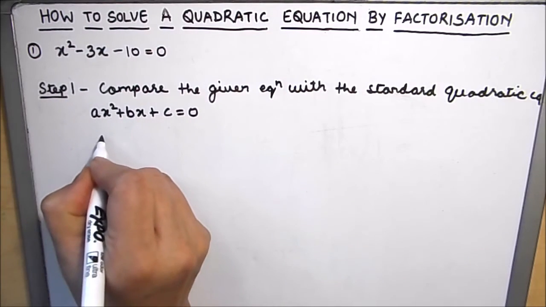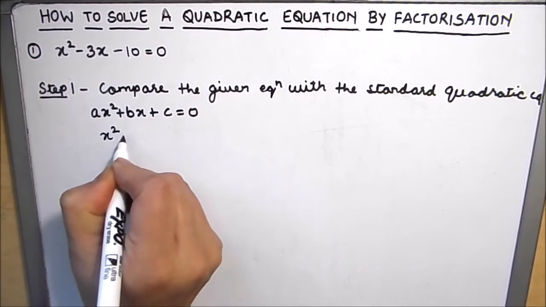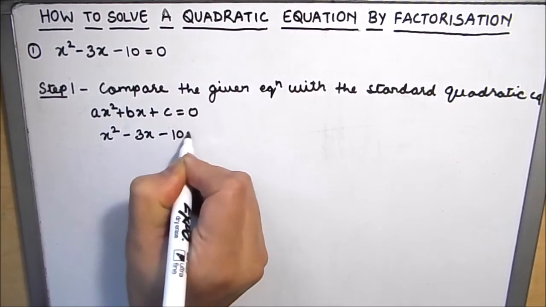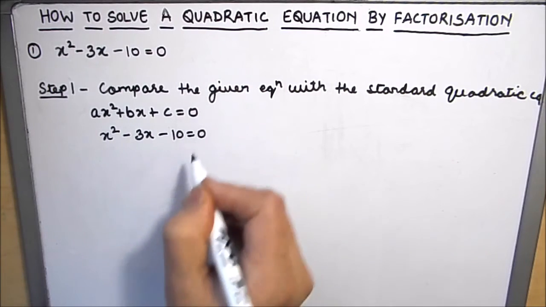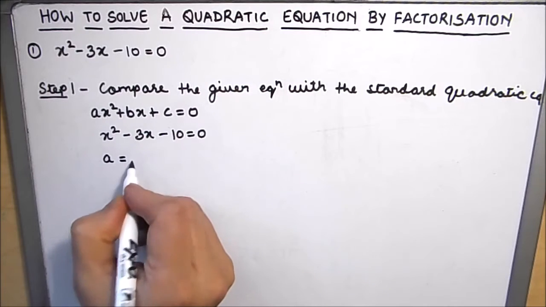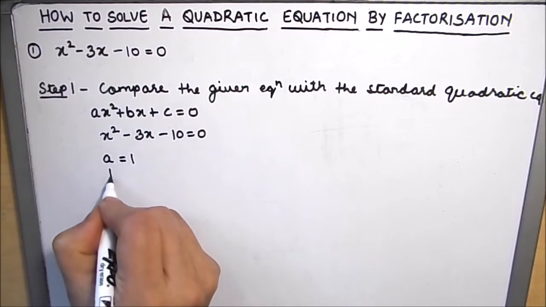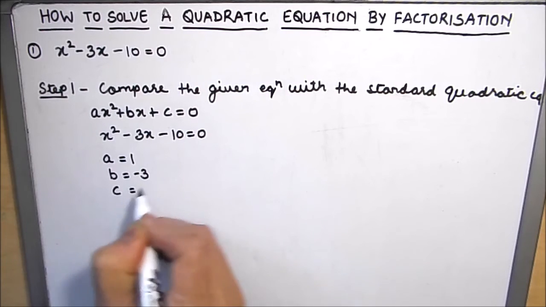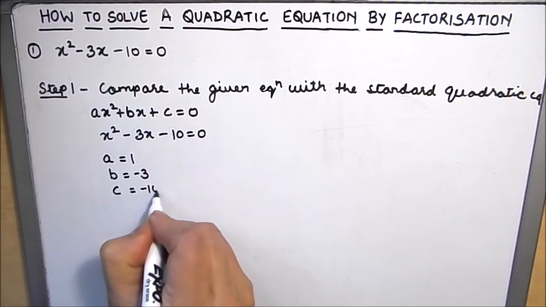Our given equation is x square minus 3x minus 10 is equal to 0. By comparing the two equations, we get a as 1, b as minus 3 and c as minus 10.